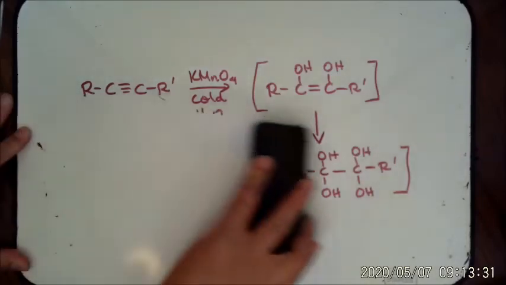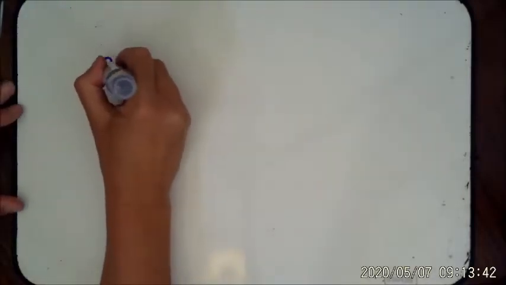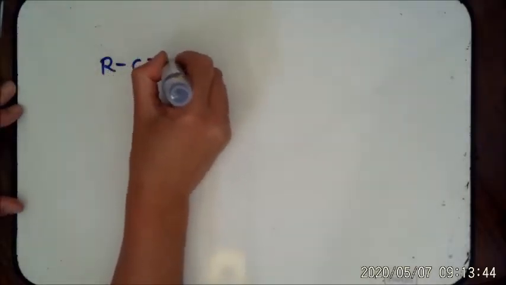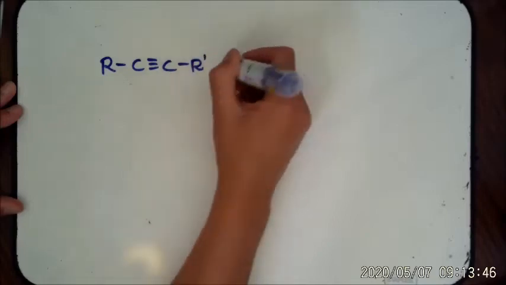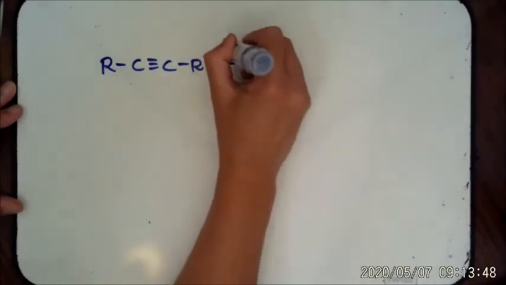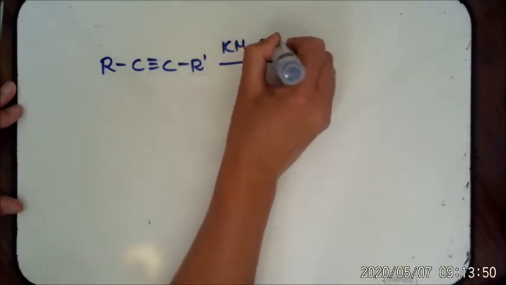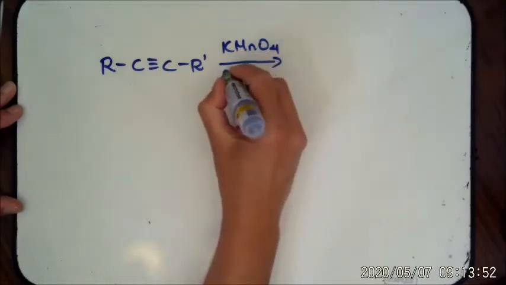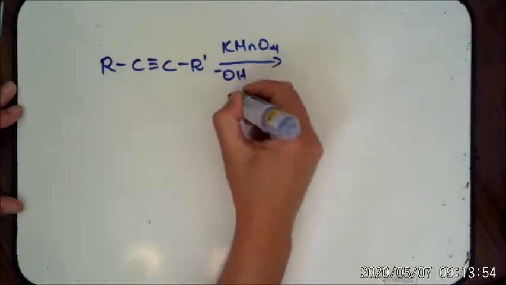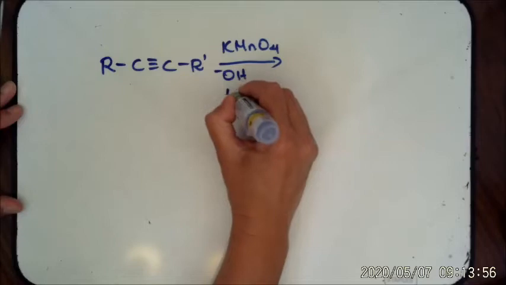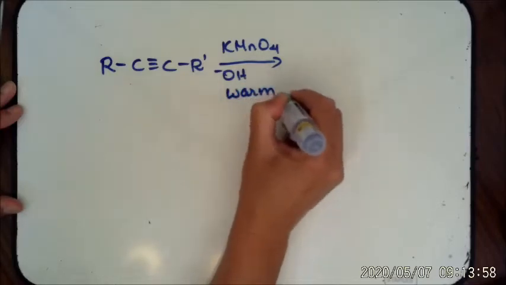Okay, so let's talk about more cleavage. When we have our alkyne, we have potassium permanganate, basic conditions, it's warm.